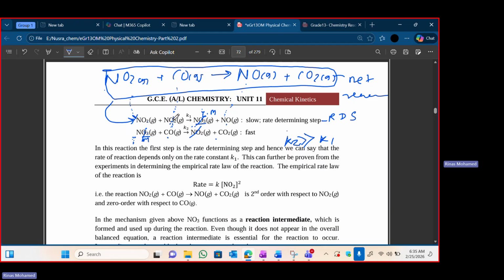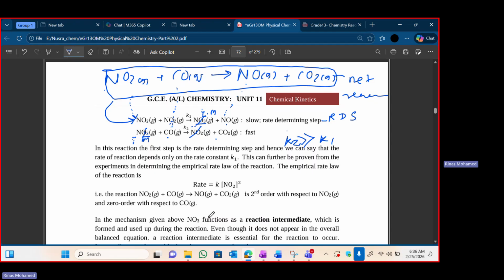Two NO2 molecules are participating in the RDS, so it is second order with respect to NO2 gas, right? But it is zero order with respect to CO gas. Why? Because in the slower step, only two NO2 molecules are participating, not any carbon monoxide gas.